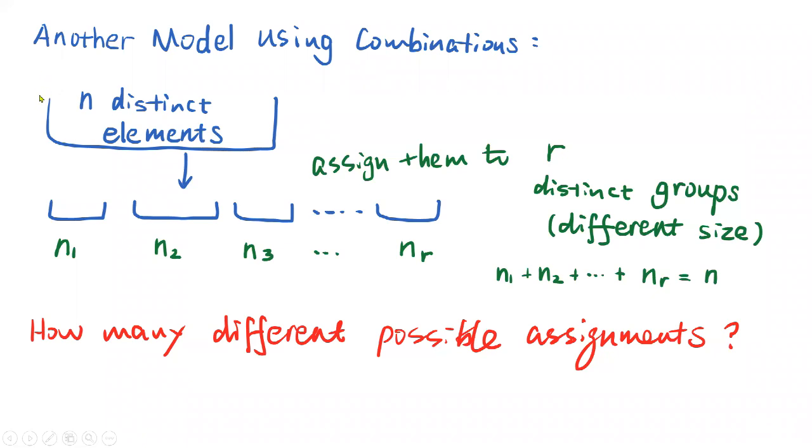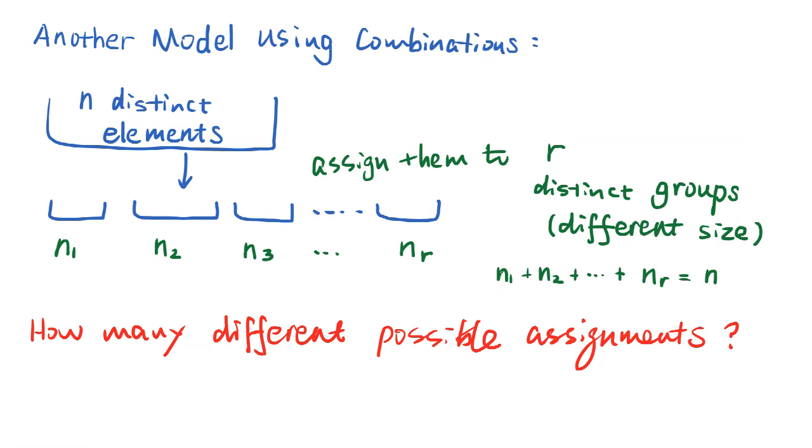suppose we have a large collection of distinct elements, and our task is to assign them to R different small collections. The sizes of the small collections are N1, N2, N3, etc., until Nr.